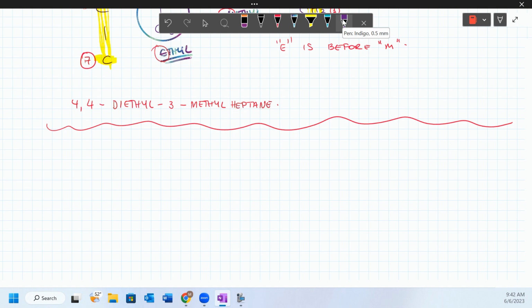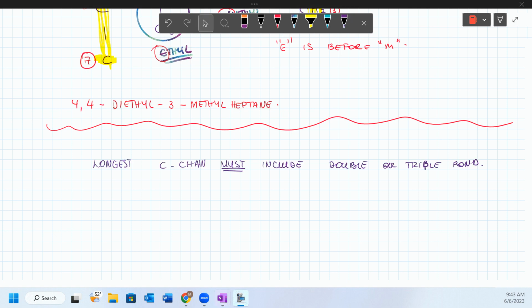So keep in mind when we are counting the carbons, as we counted the carbons on the longest chain for alkanes, that we were going any way possible. In the case of the alkene or alkyne, we have to consider that the longest chain has to include the double or the triple bond.